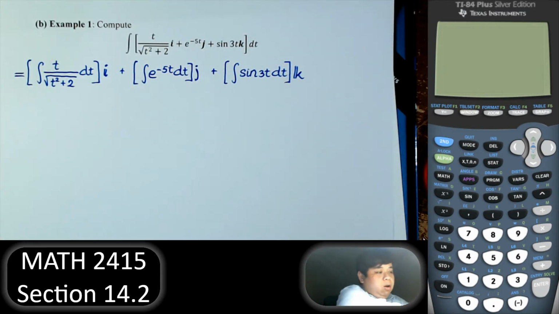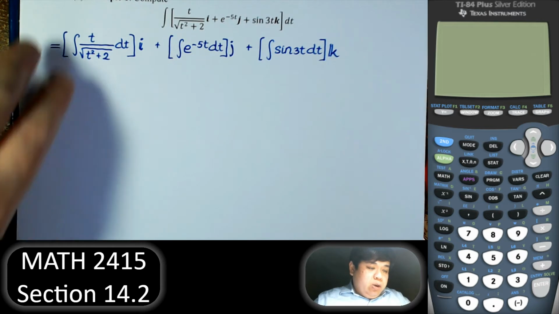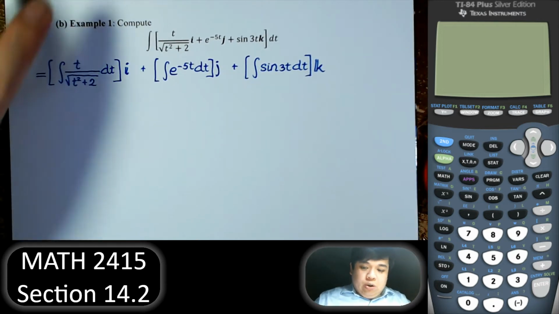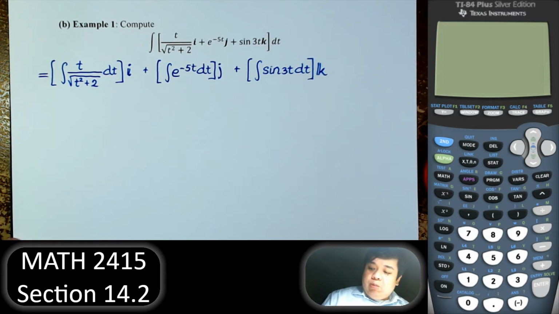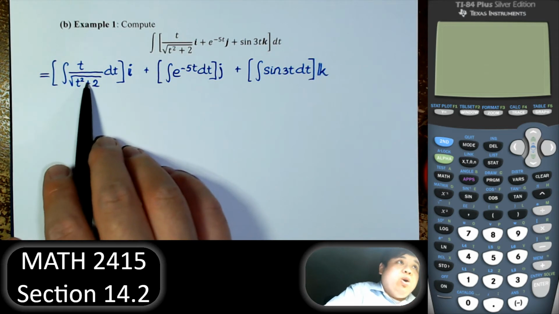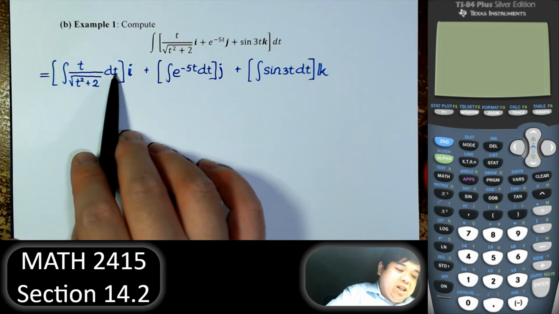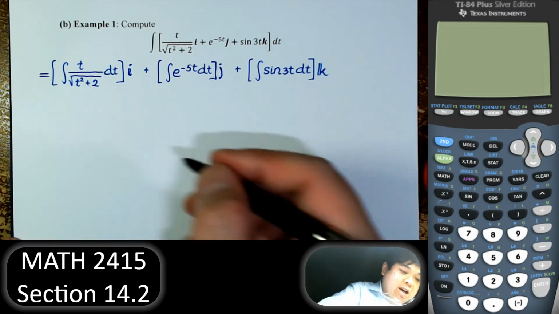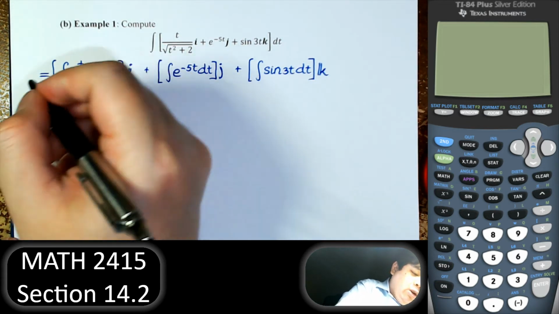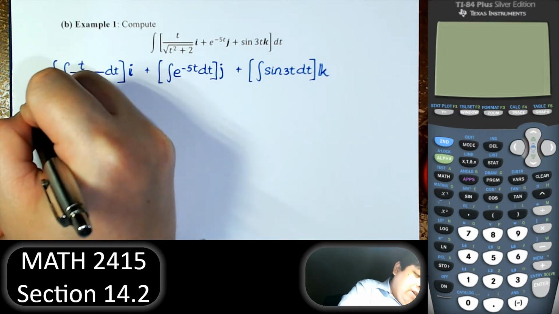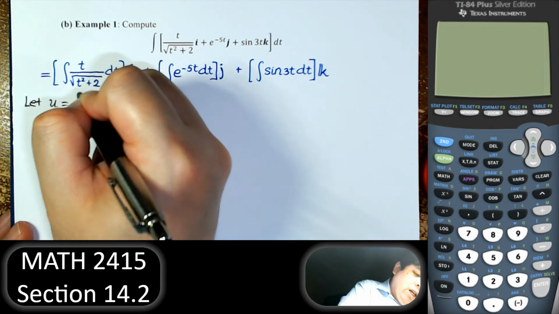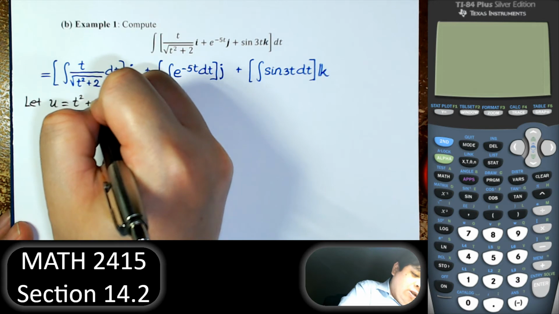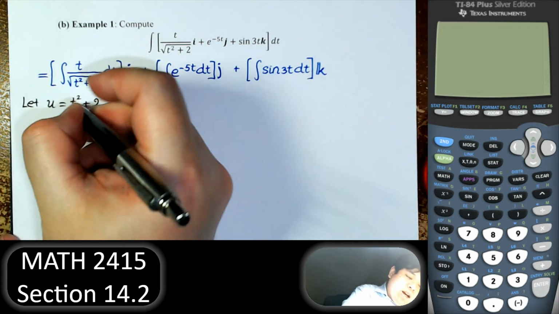Should be no problem. But the first one, to integrate this, we use the chain rule. I mean, substitution, U substitution. I'm not sure how you use the U substitution, but this is how I use it. We let U equal to something, and then we solve for dt. So for derivative of that. So you see. So here we let U just regular U equal to t squared plus 2. And then we'll take derivative of that.